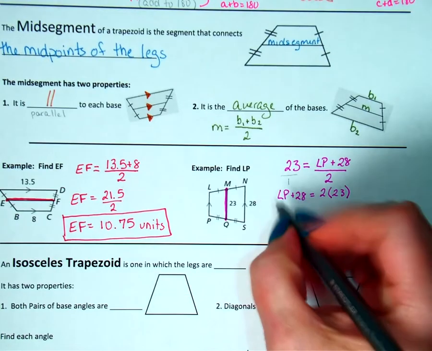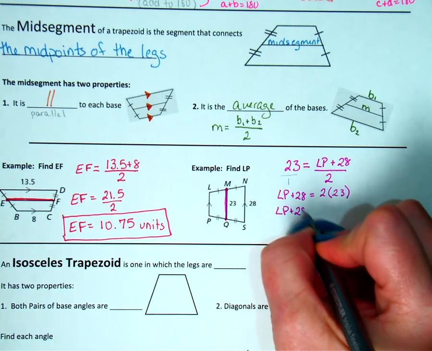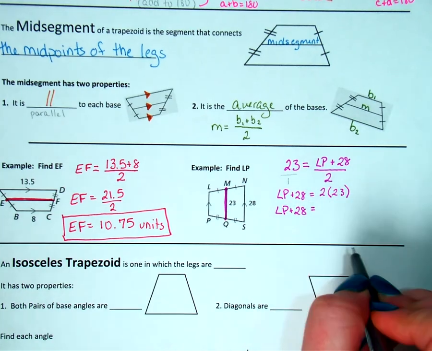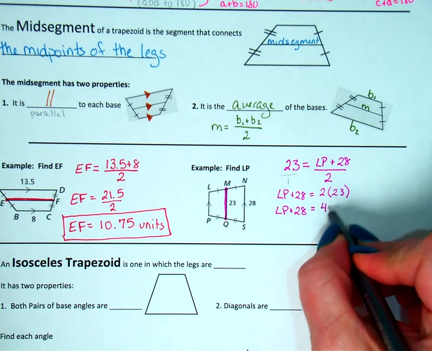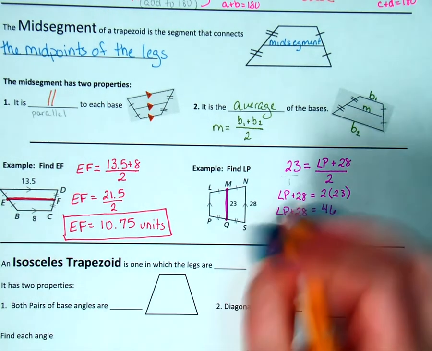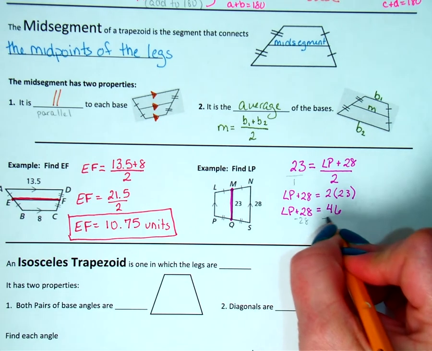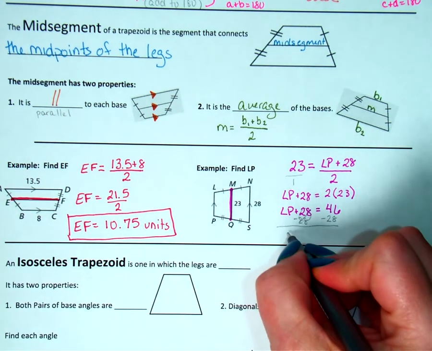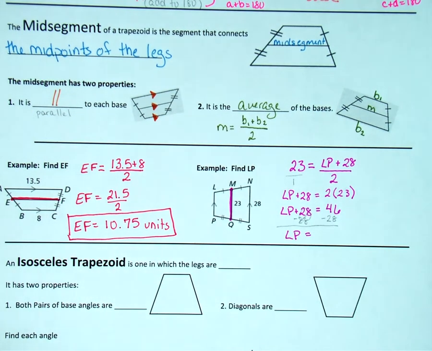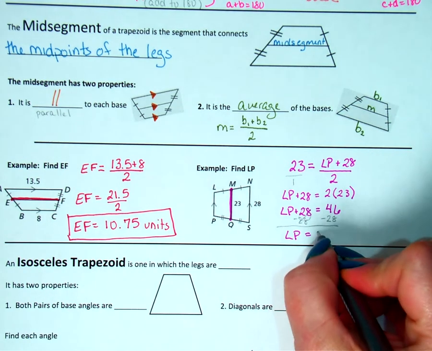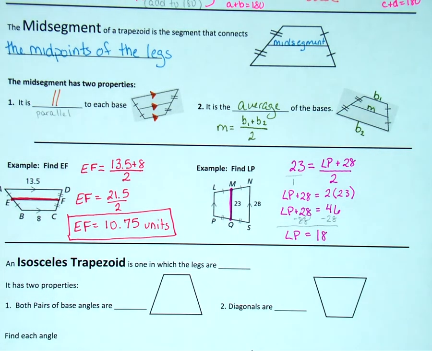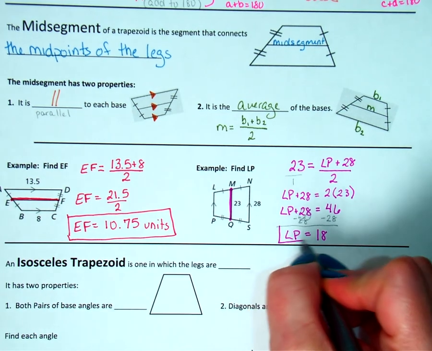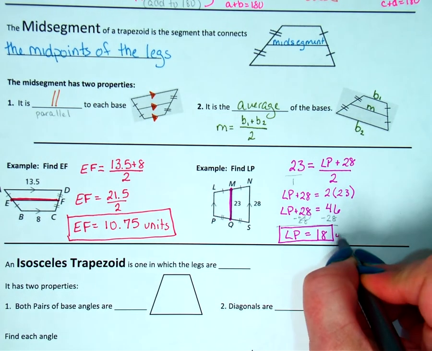So LP plus 28 equals 46. Subtract the 28. And so LP is equal to 46 minus 28, which is 18. Okay? So LP here is 18. Oh, I should have put units.